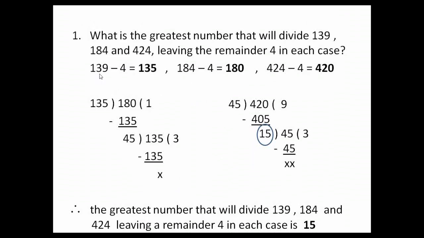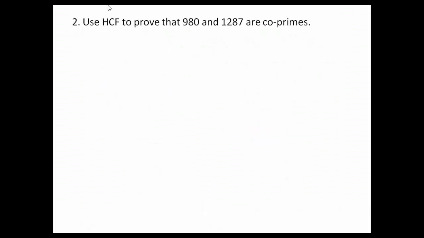So if I try to divide these numbers now by 15, you will get a remainder 4 in all the numbers. Clear? Next, use HCF to prove that 980 and 1287 are co-primes.